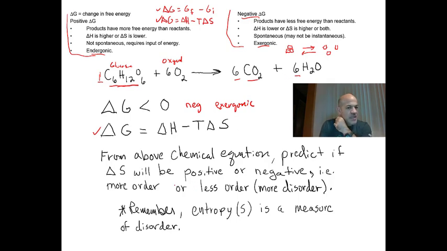Okay, is the change of entropy, entropy is how much disorder, is it going to be positive? And if it's positive, that means you're going to have more disorder. Okay. If it's a negative change, that means you're going to have less disorder. Okay. So this would be positive entropy change. Going back the other way would be a negative entropy change. Okay. In other words, we're asking the question, is there going to be more disorder, which we see here on the right, or less disorder?